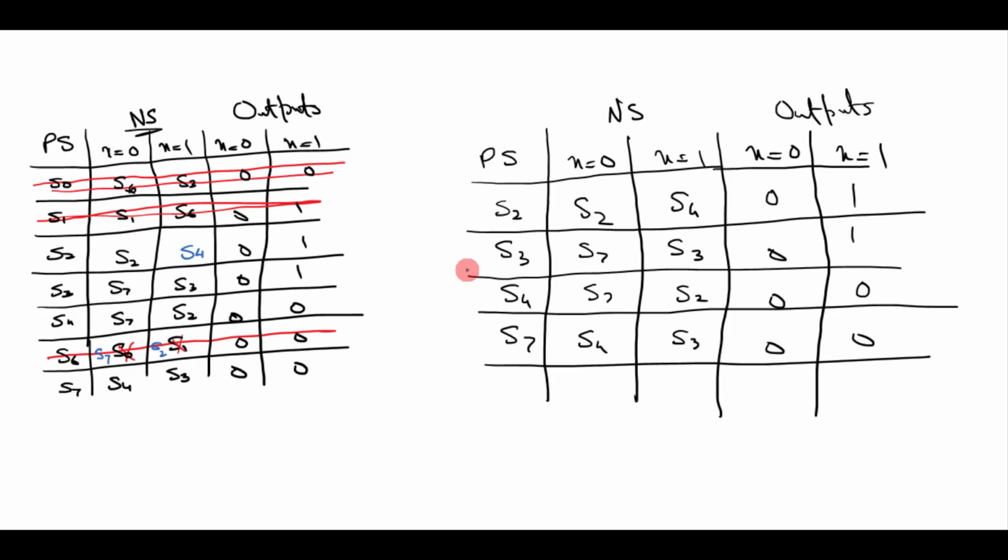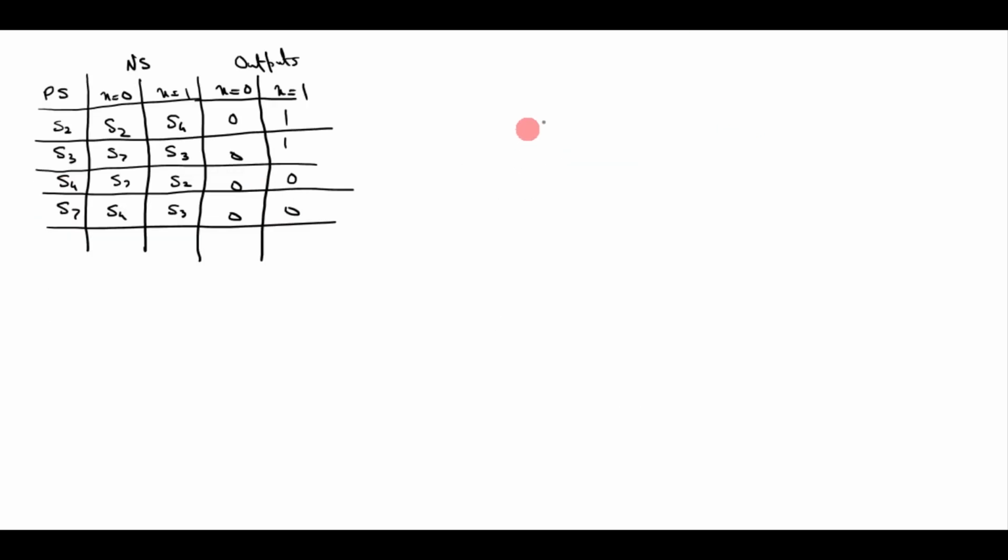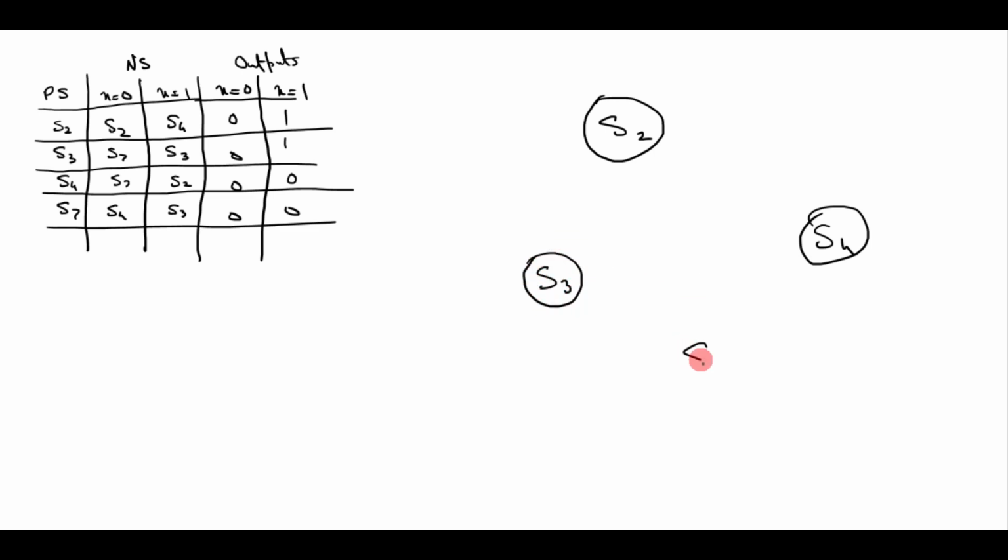Now let us draw our reduced state transition graph from this reduced state transition table. Here you have 4 states: S2, S4, S3 and S7. At S2, when you apply 0, your output is 0. You move to S2, your output is 0.